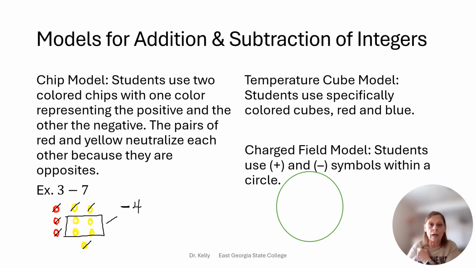So for this idea, we would say 3 pluses and 7 minuses, and then we can cross them out, and we're left with 4 minuses.